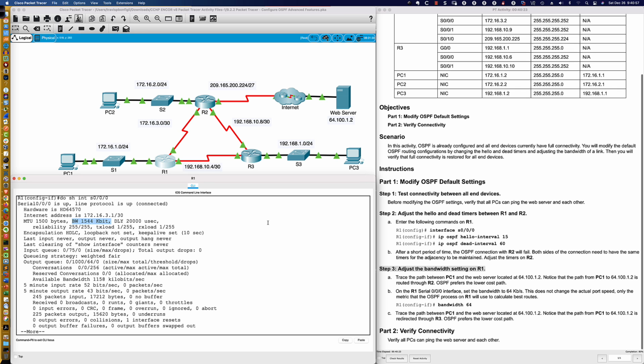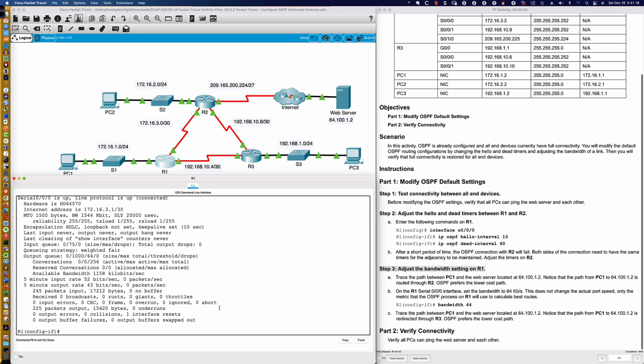When OSPF is making its routing decisions, it's making its routing decisions based on cost. What is the cost for me, router 1, to get to some network maybe over here behind router 2? So let's take a look at where we would see that cost.